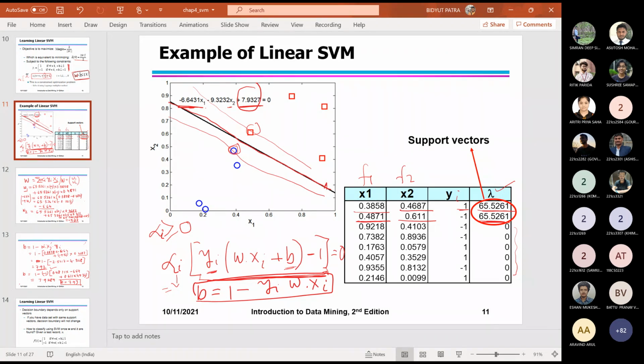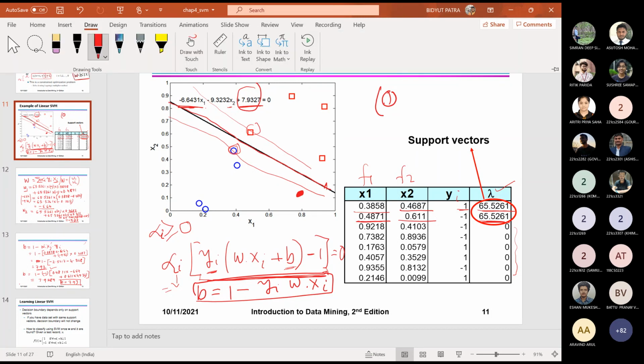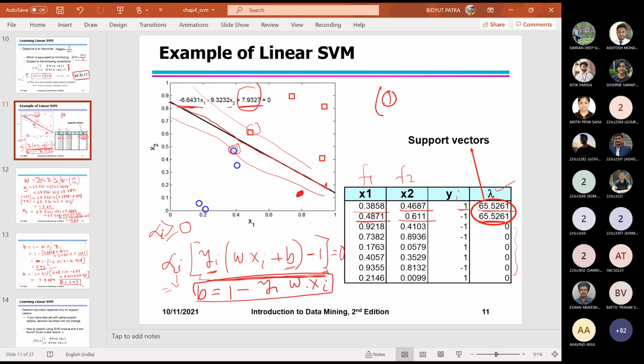Now what we want to do is find the class level of an unknown object. Let's say this is the object. I want to find its class level. Let's say the coordinate of this object is 0.8 and 1.